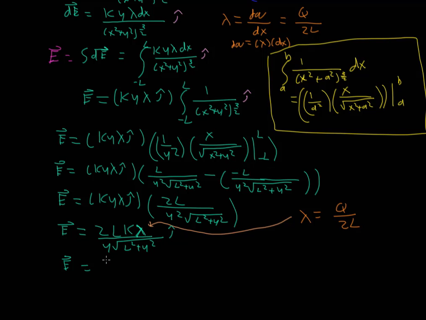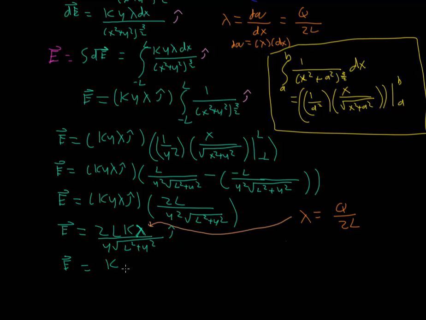So subbing that in, the 2's are going to end up canceling, and then the L's are going to end up canceling, right? Because in the numerator you're going to end up having something like this going on. And then you've got your k lambda, and then everything else that was down here, your y times the square root of L squared plus y squared. And so these things end up canceling, and you're just left with q in the top.